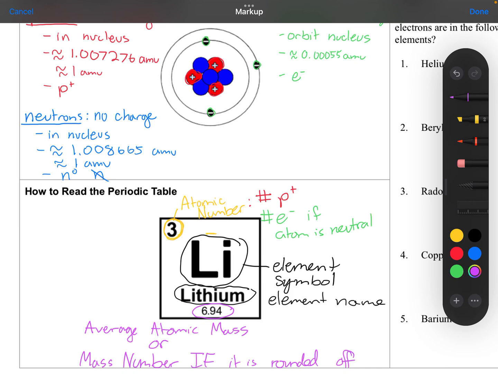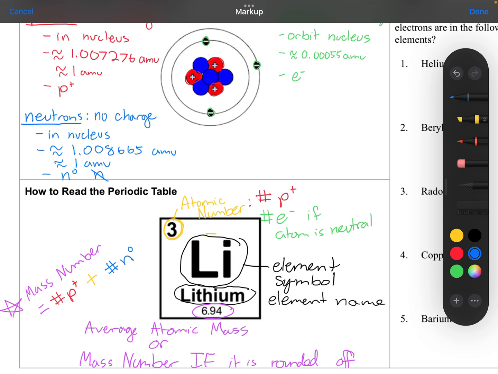And so let's just make a little bit of a note to ourselves over on the left-hand side over there. If I round that off to the nearest whole number and it turns into a mass number, mass number is equal to our number of protons plus our number of neutrons.